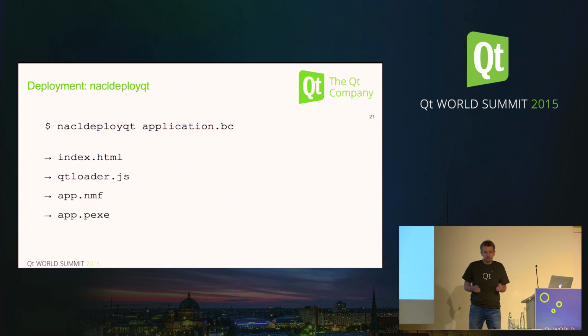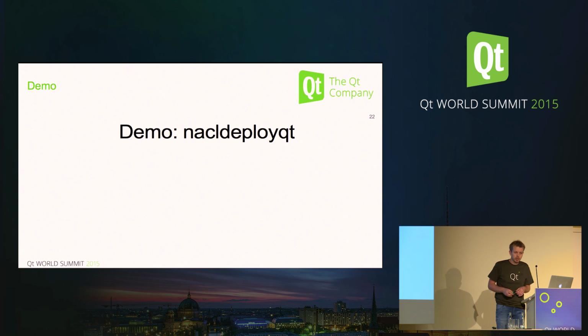And to help us with this, we have a tool called NaCl deploy Qt, which you run on the output from make, and it will then create the helper files that we need. So I'd like to demo this a bit, and we'll see how a build and run cycle works.